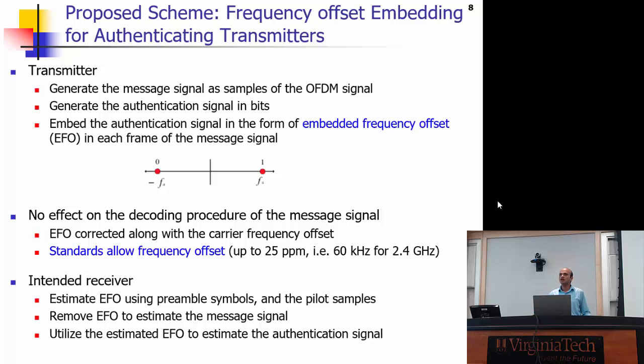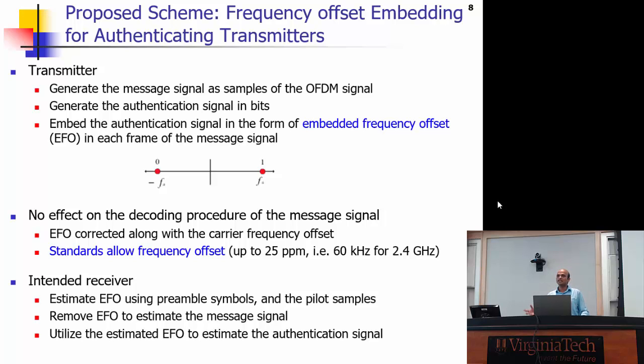Now, a few things that we need to underline here is that this small amount of frequency shift that we are embedding is not going to affect the intended receivers. Why? Because every transmitter has an oscillator to upconvert the signal to a center frequency. Now, these oscillators are very properly designed, but they still have some amount of error. For example, IEEE standards allow those oscillators to have an error of 25 ppm, which translates into 60 kilohertz for a center frequency of 2.4 gigahertz.